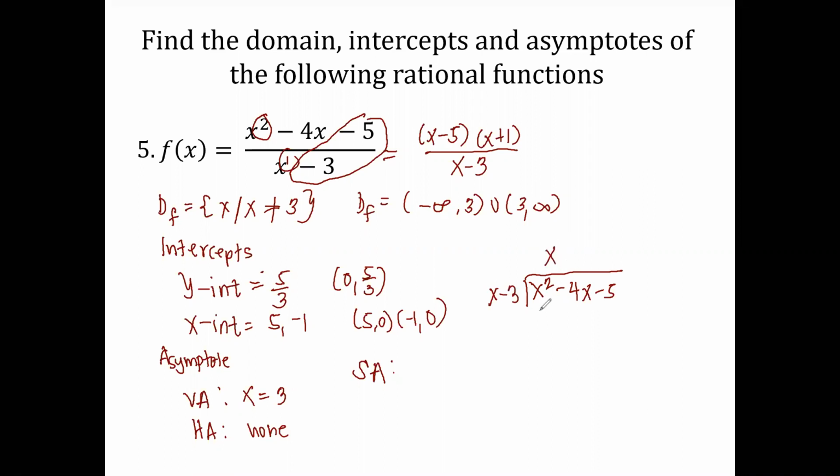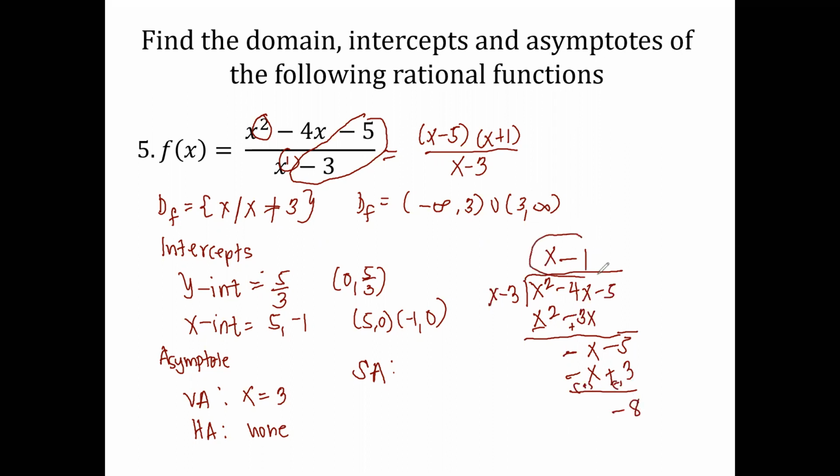So you have x squared, x times negative 3x. So you have negative x minus 5. So minus 1, negative x, plus 3. So this is negative 8.